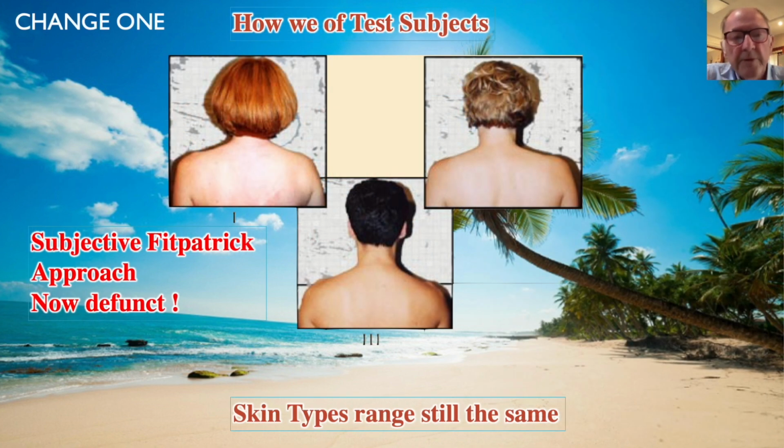So I'm going to go through the major changes to the new standard. What we call change one here is that we have done away with the subjective assessment of our test subjects.